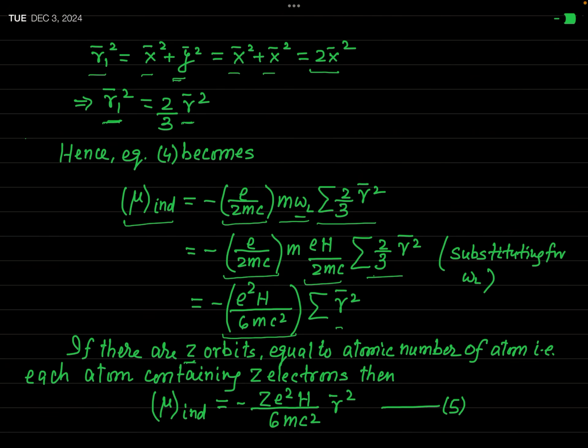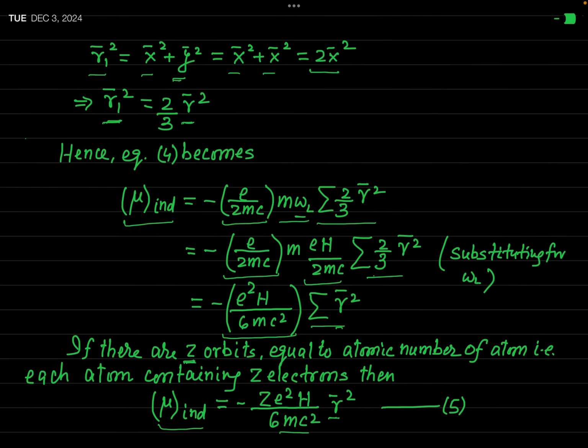When Z is the number of electrons in an atom, there will be Z orbits, and so the summation of r square bar will be simply equal to Z times r square bar. So you can remove this summation after multiplying the result by Z. So mu induced is equal to minus Z times e square H over 6mc square times r square bar.